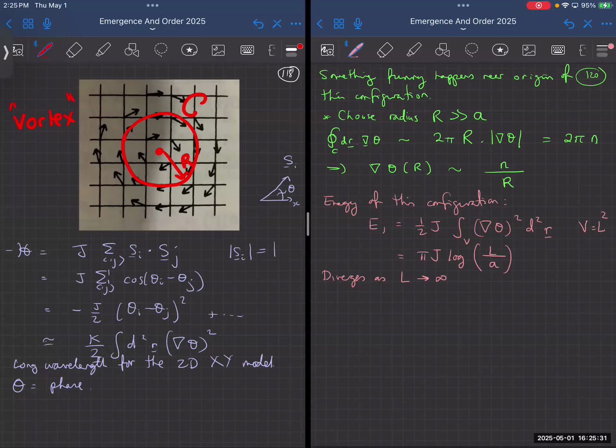And what I've done is I've cut off the integral at the lower limit because the smallest limit is the lattice spacing. I can't have any scales smaller than that. Or I might be thinking of this as a coarse-grained free energy, in which case a could also be thought of as the inverse of the coarse-graining scale in k-space. So that's the energy, and it diverges.